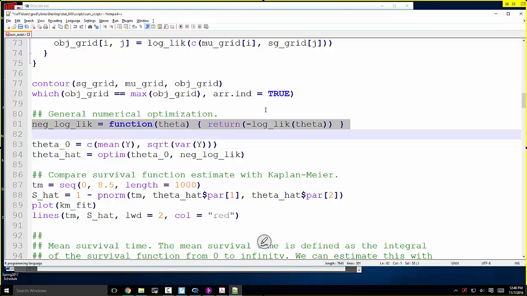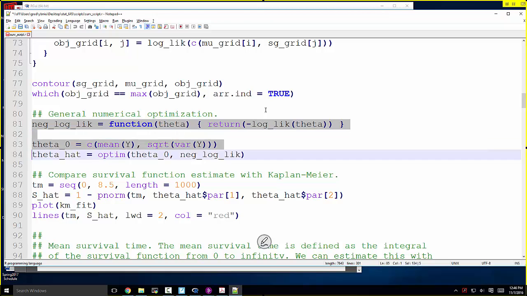So please minimize the negative log likelihood, which is equivalent to maximizing the log likelihood. When we use optim, we have to provide starting values for the algorithm. And the way we did that was just compute the naive mean and naive standard deviation, ignoring the censoring.